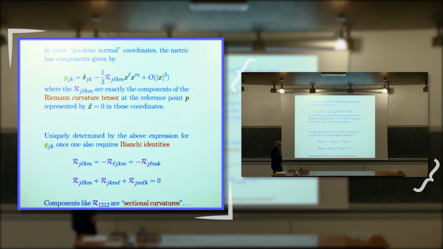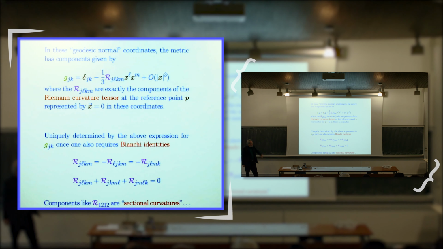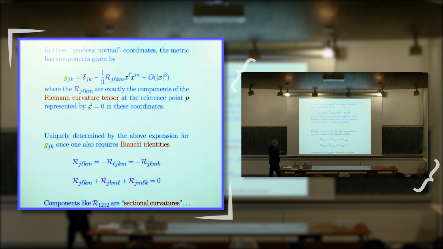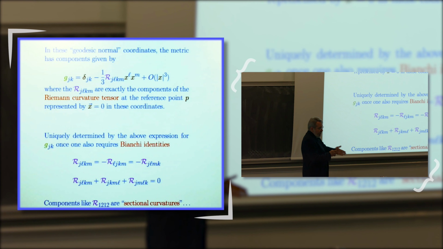So terms like R_11 anything would be 0, but R_1212 gives rise to something which, if you look back at the meaning of this expansion, is actually asking: if you take a 2-plane in the tangent space and you spray it out by the exponential map, that gives you a surface. And you could ask, what's the Gauss curvature of that surface? This would be the Gauss curvature of the surface that corresponds to the plane spanned by the first two basis vectors in the tangent space.